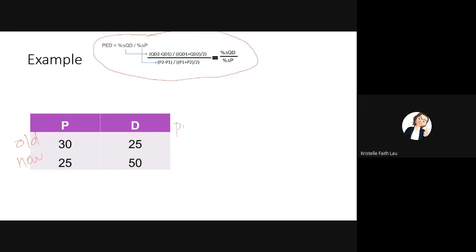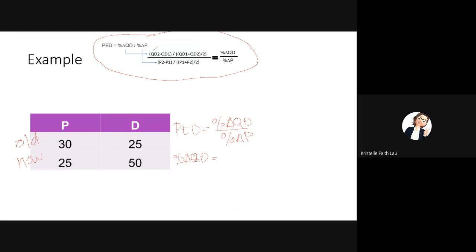So PED equals the percentage change in quantity demanded divided by the percentage change in price. First, we get the percentage change in quantity demanded.